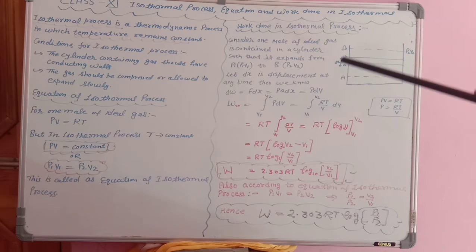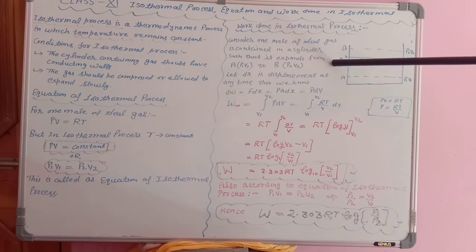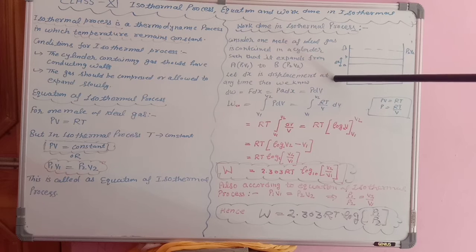We have taken gas in a cylinder and it is expanding from A to B. At any instant we have taken a small displacement dx. If you have gone through my second video of this chapter, that is work done during expansion, then the explanation of the first 3-4 lines is exactly the same. So consider 1 mole of ideal gas contained in a cylinder such that it expands from A to B, and dx is the displacement.